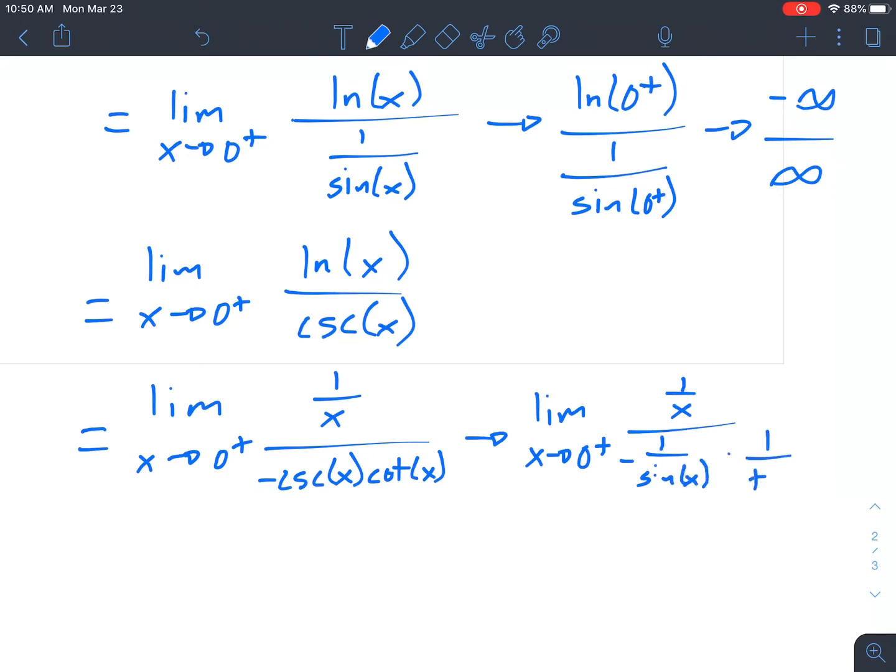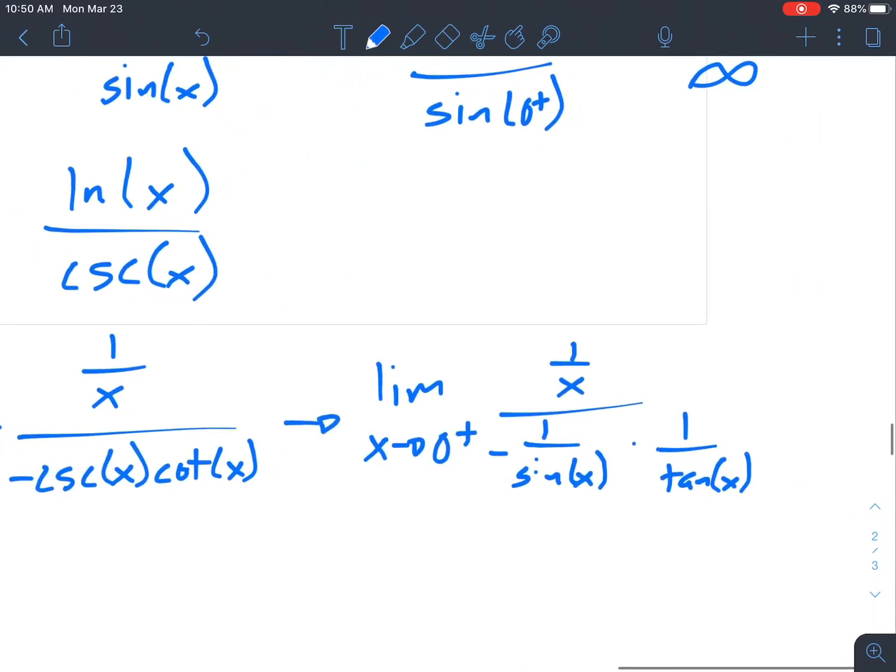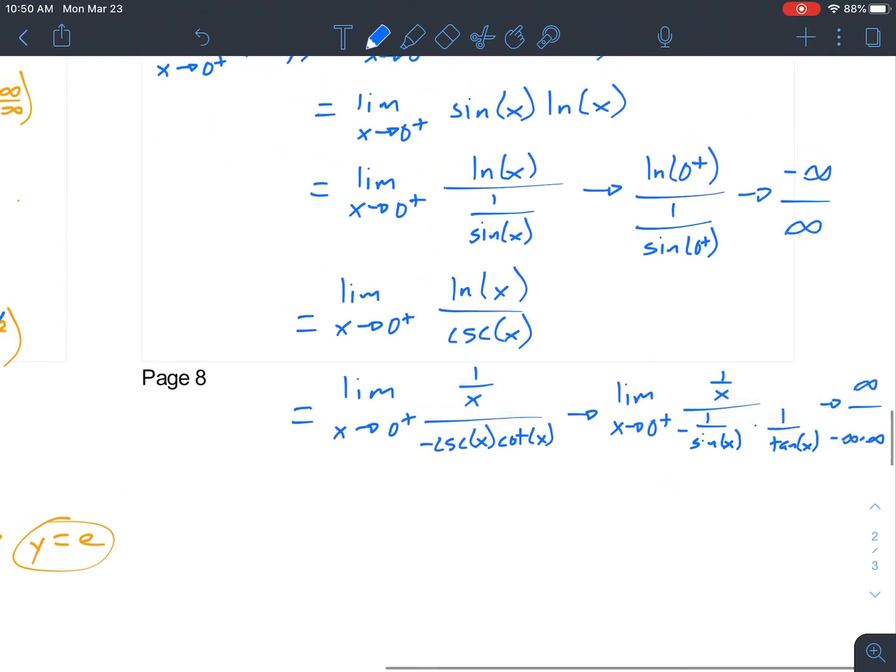Cotangent is 1 over tangent. This isn't looking too good because up on the top we've got 1 over 0 from the right-hand side, which is positive infinity. Down at the bottom, we are going to get negative infinity times infinity, so we still have an indeterminate form. We are going to have to find another derivative here.